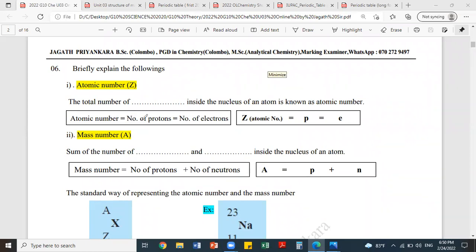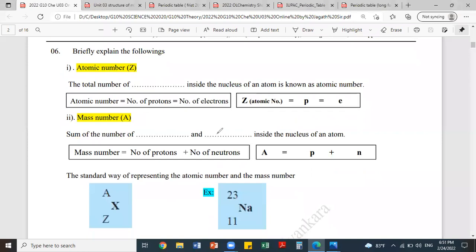The symbol of the mass number is capital A. It is the sum of the number of protons and neutrons.